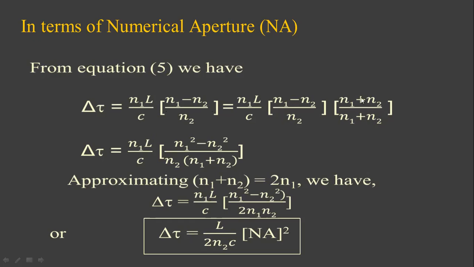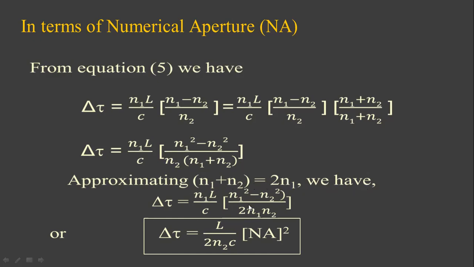N1 minus N2 into N1 plus N2 gives N1 square minus N2 square, and below it is N2 into N1 plus N2. We will approximate that N1 plus N2 is equal to 2N1. The reason is that the refractive indices of core and cladding are nearly equal to each other, so we can approximate N1 plus N2 as nearly equal to 2N1.